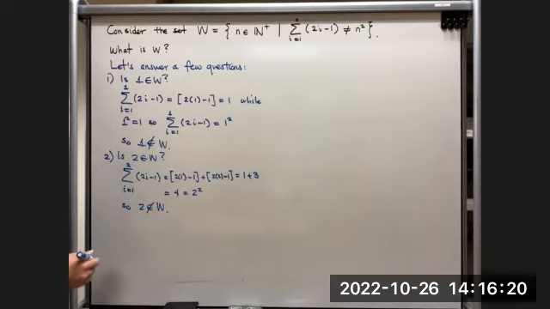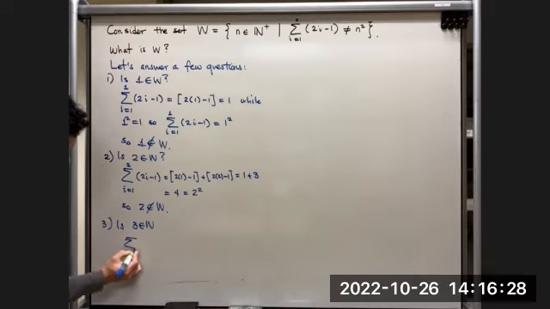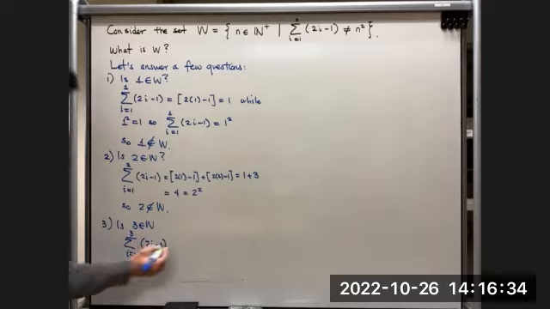One more level of experimentation. I'm going to say, is 3 in W? Well, same thing. I'll start the sum from 1 up to 3 of 2i minus 1.